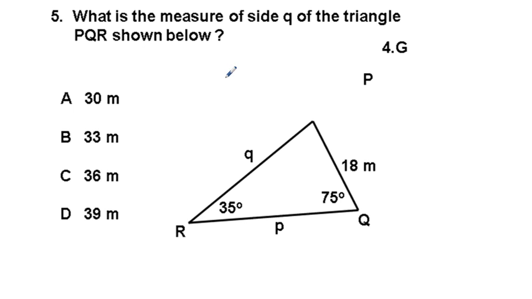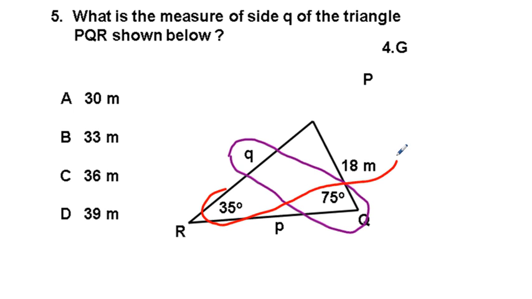What is the measure of side Q of the triangle PQR shown below? And what you look for is how you solve. So we don't see any right angles, but we see that we have this unknown side Q opposite this known angle 75 degrees, and this known angle 35 degrees opposite this known side of length 18 meters.